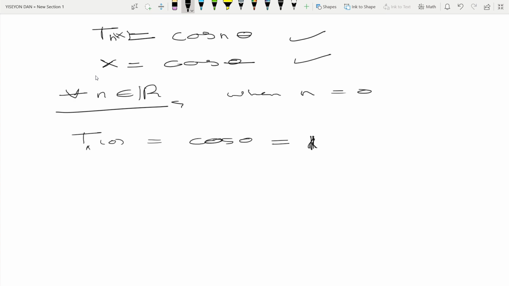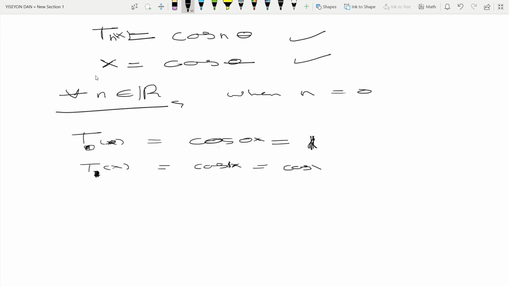When n equals 1, we have T1(x), which is cos 1θ. Cos 1θ is the same thing as cos θ.